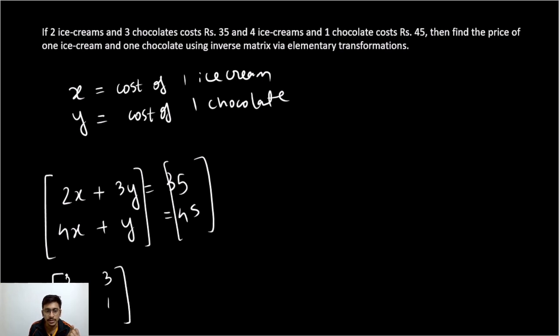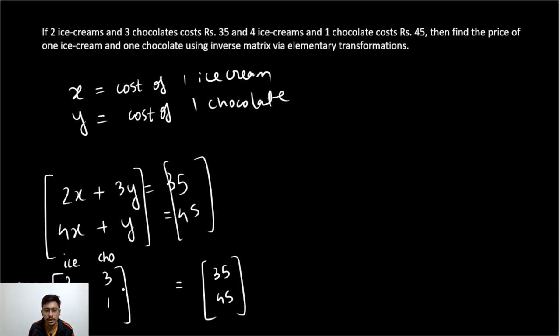The first column represents the number of ice creams and the second column represents the number of chocolates, correct? Let's say we have 2 students, the first student A and the second student B. So A has 2 ice creams and 3 chocolates. And how many rupees has A spent? A has spent 35 rupees, whereas B has spent 45 rupees.